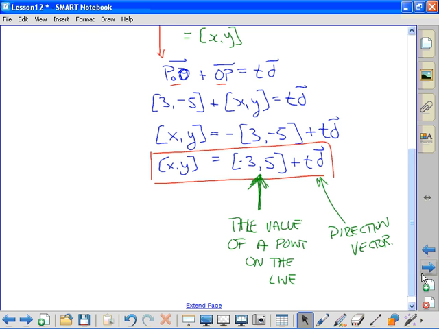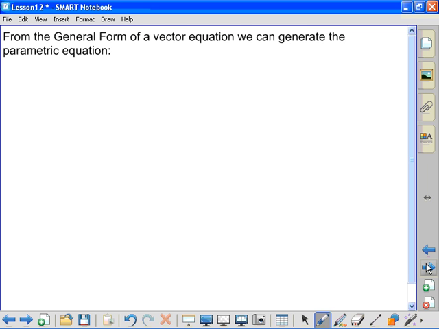So on the next slide here, or in your notes, you'll see I have a general form. So here's our vector equation. And you're probably going to end up putting this on the cheat sheet just to keep them straight. And what you'll find over time is you'll have this memorized. It's also known as general form.